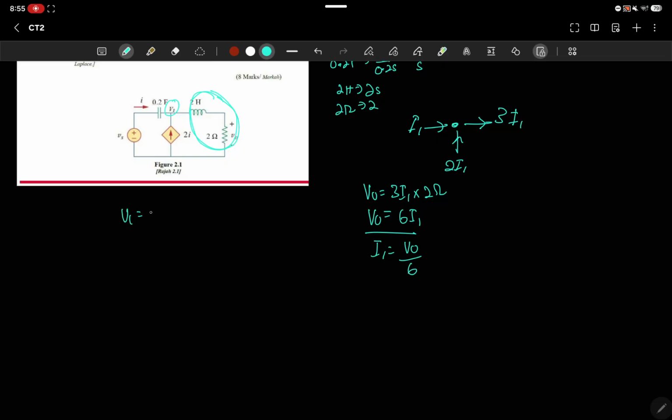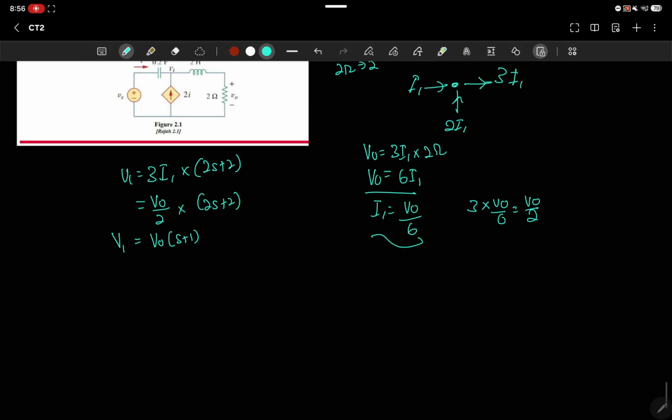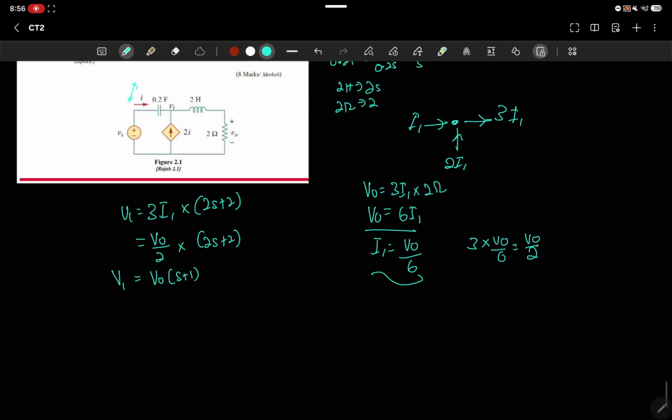So V1 is equivalent to 3I1, which is the current traveling in this direction, times by 2s plus 2, which is equivalent to, we just now mentioned that I1 is VO over 6, so 3I1 meaning 3 times VO over 6, which is equivalent to VO over 2. Now 3I1 is VO over 2 times by 2s plus 2. If you simplify it, we will get VO as s plus 1. This is our V1.